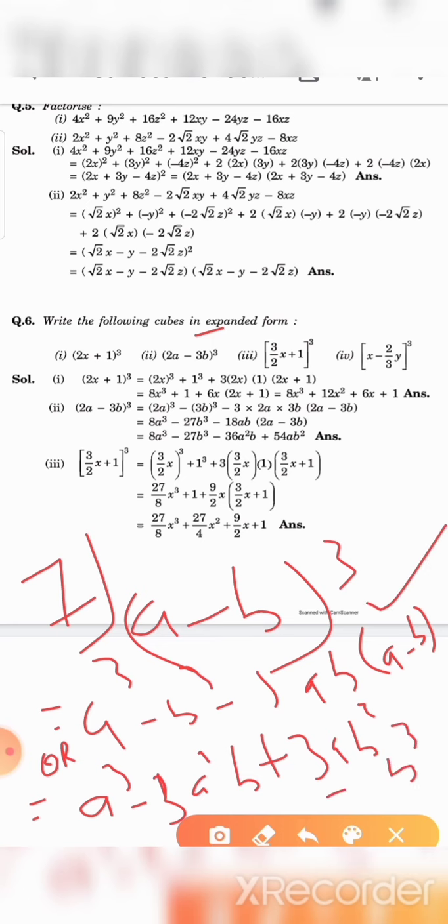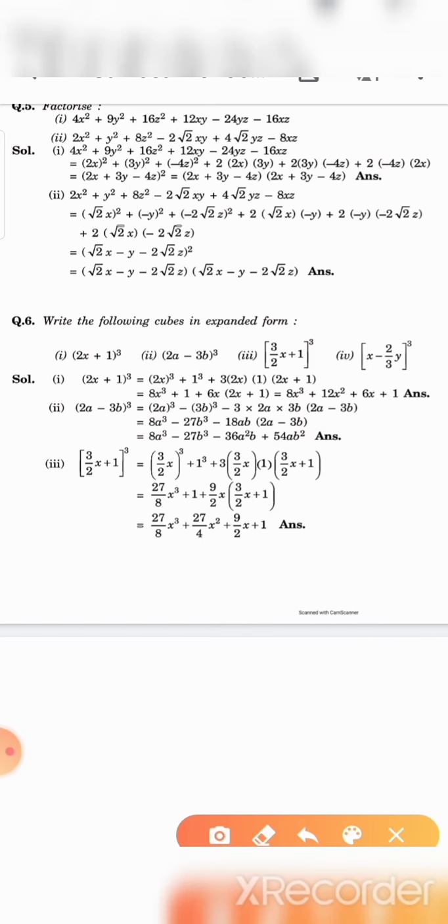You can use either, we get the same answer in both expansions. So we use identity number 7.